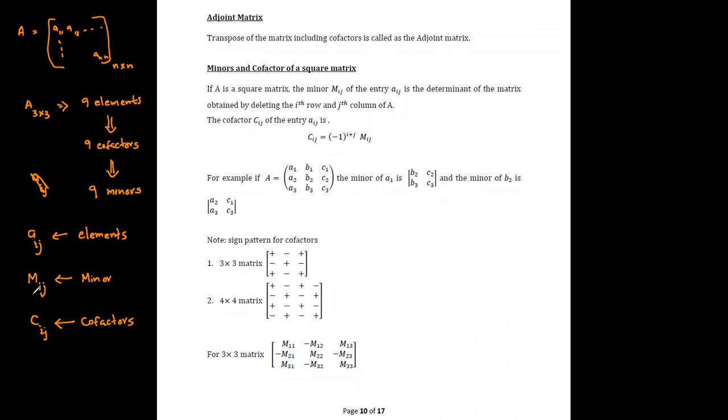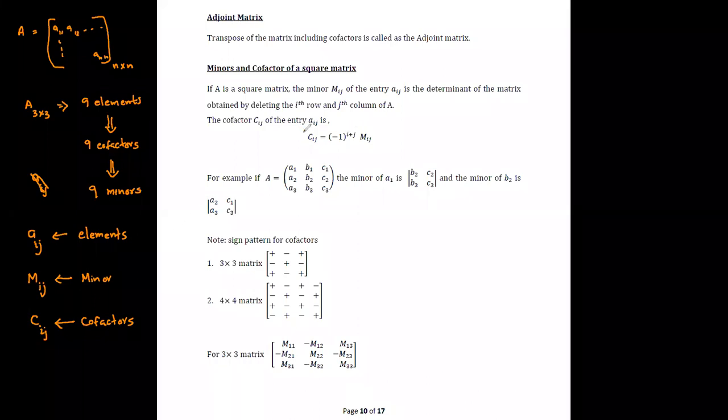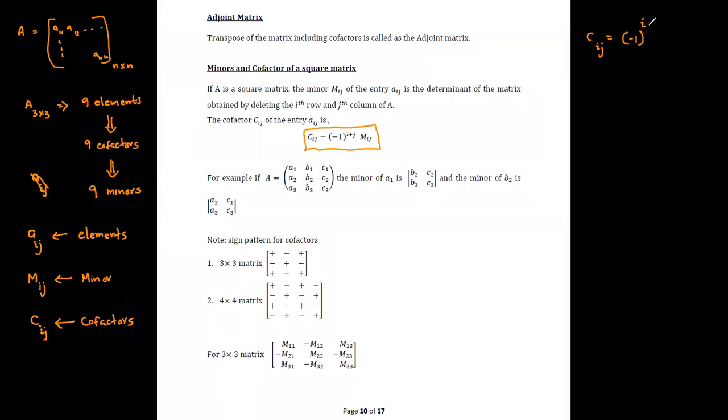Once you have obtained the minors, you can easily obtain the cofactor values using this equation: Cij equals minus 1 to the power i plus j times Mij. This is the rule that we need to follow.